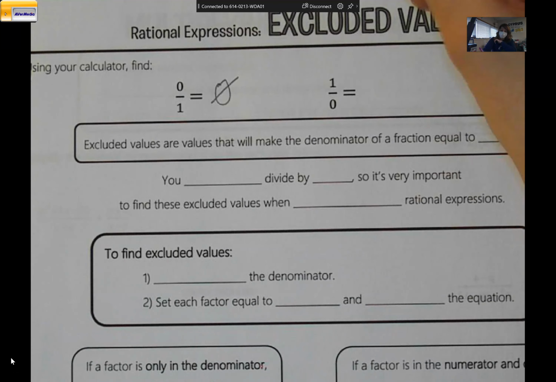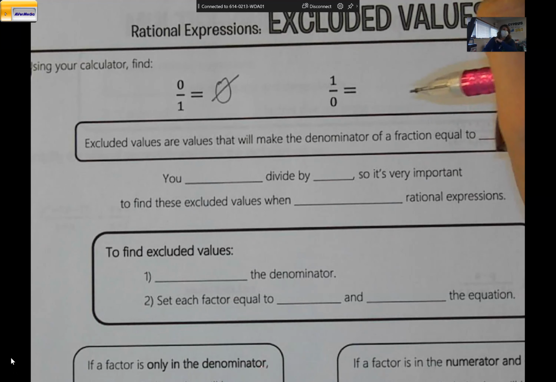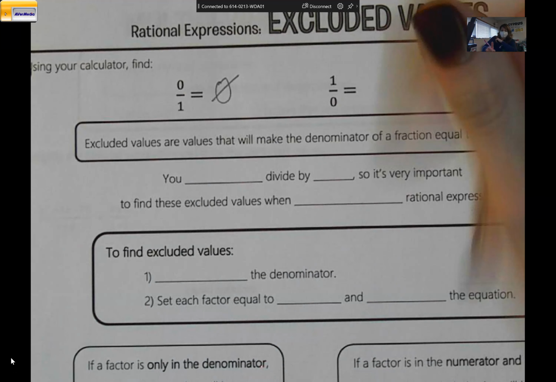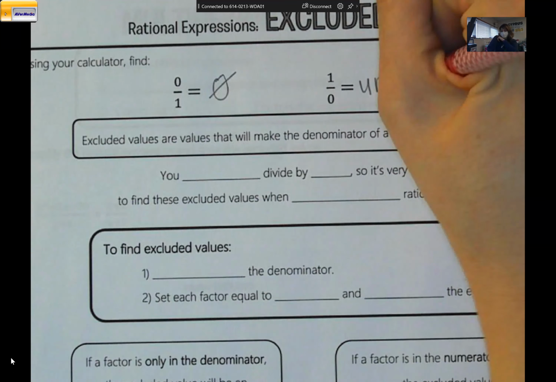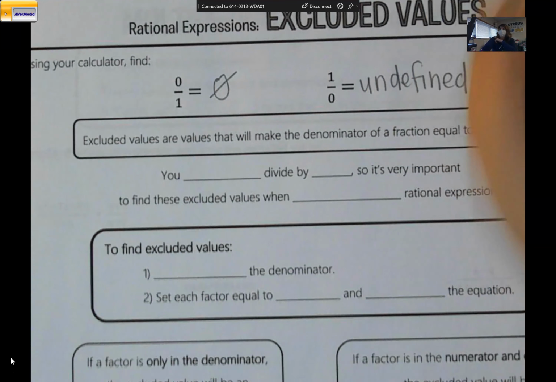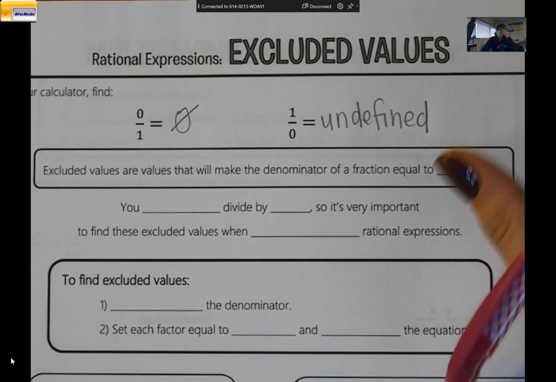And the reason why is because you cannot divide a fraction by 0. It's not possible. This is what we call undefined. It's like a mathematician's way of saying, we don't know. We're not sure. It's fancy for, I don't know.